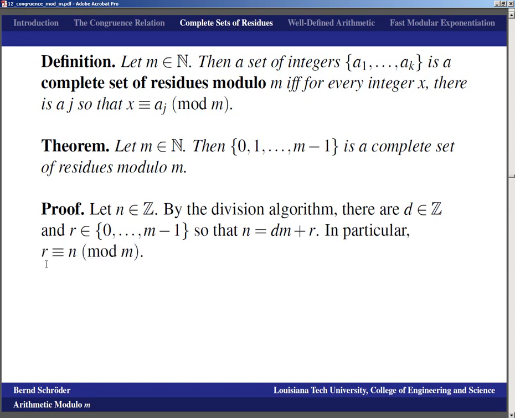That of course means that the residue r is equivalent to n modulo m, and we are done, because every integer is represented by one of the numbers between 0 and m minus 1.